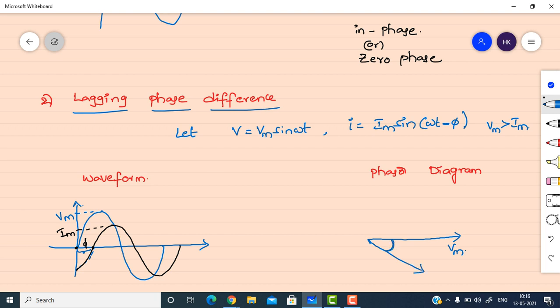And the phase angle difference between these two is phi. So this is Vm and this is Im. See the length also. I have drawn it lesser than this Vm. You should clearly indicate the length of the phasors. Vm is greater than Im, so the length of the Im phasor must be less than Vm. So this is the phasor diagram.